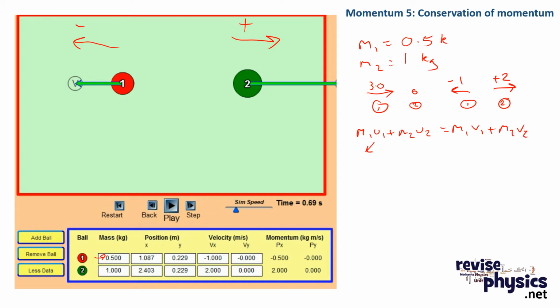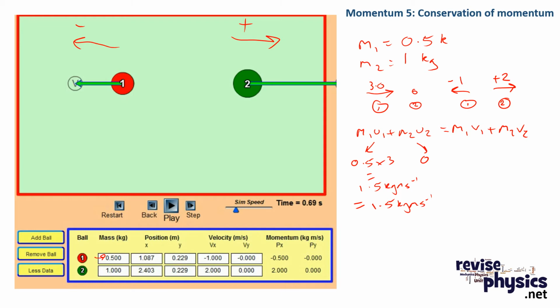Well, m1u1 is 0.5 times 3, which equals 1.5 kilogram meters per second. m2u2 is 0, so total is 1.5 kilogram meters per second.